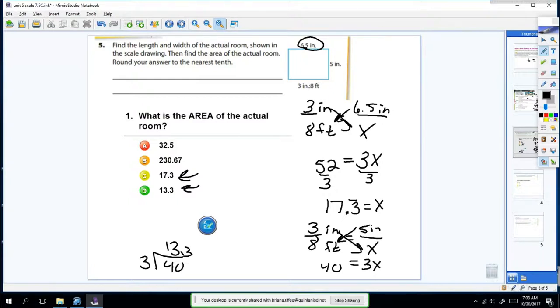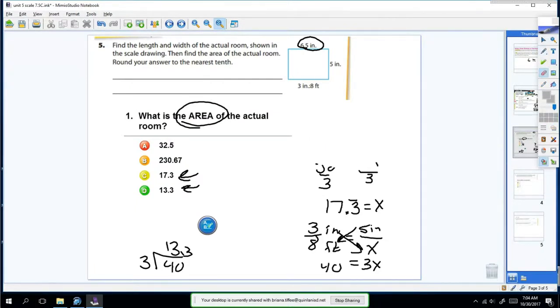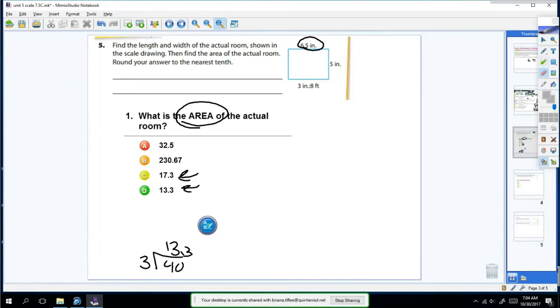But the thing is, that's not what it's asking for. It's asking for the area of the actual room. So again, let me erase it so I can have some room. So we're going to multiply both of my new lengths. So my new length is 17.3 times 13.3 to find my new area.